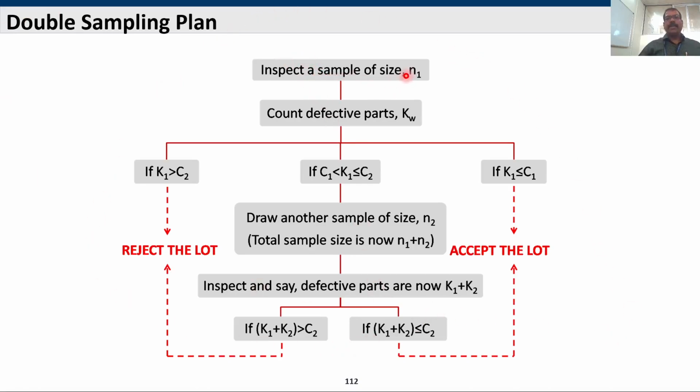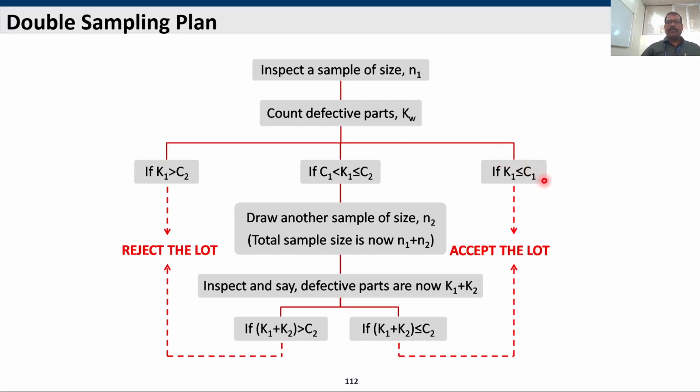Inspect a sample of size N1. Count the defective parts K1. From the single sample, if the K1, the number of defectives, is less than your threshold C, you will have some value for acceptance.